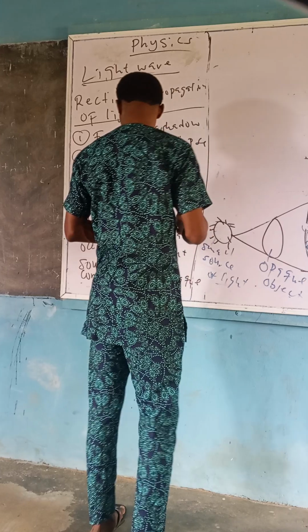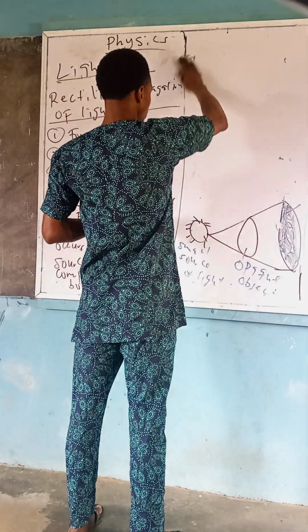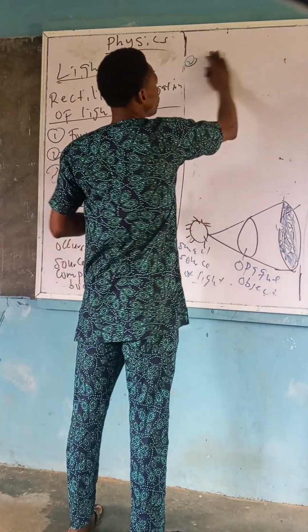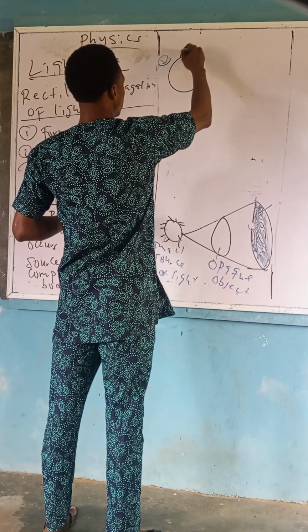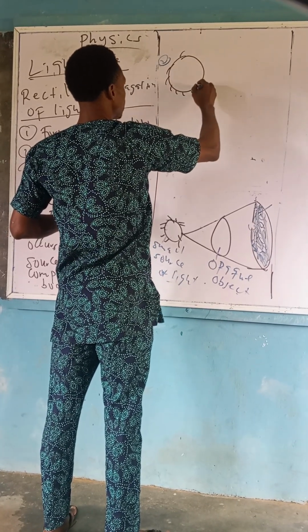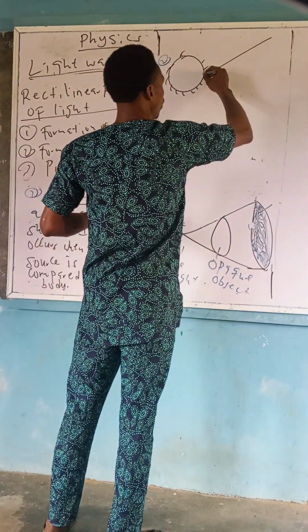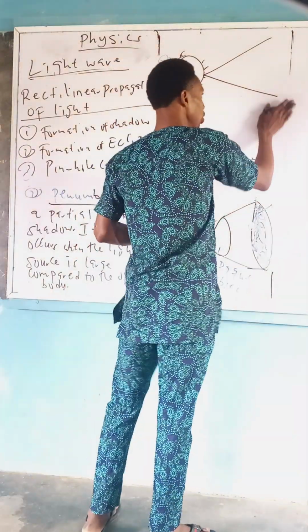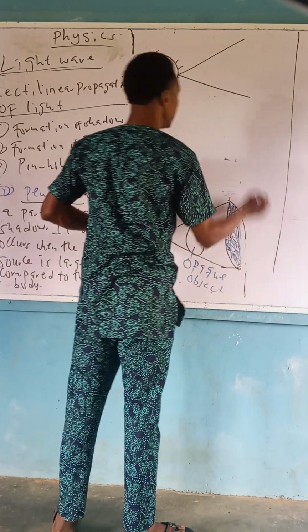Now let me explain using a diagram for penumbra. Let us illustrate using a diagram. Don't mind the diagram. Let us look at this source of light.